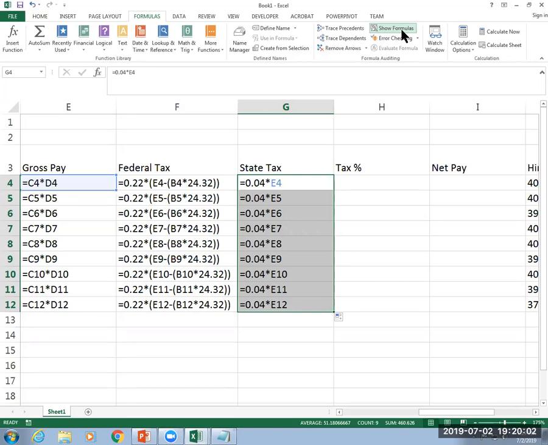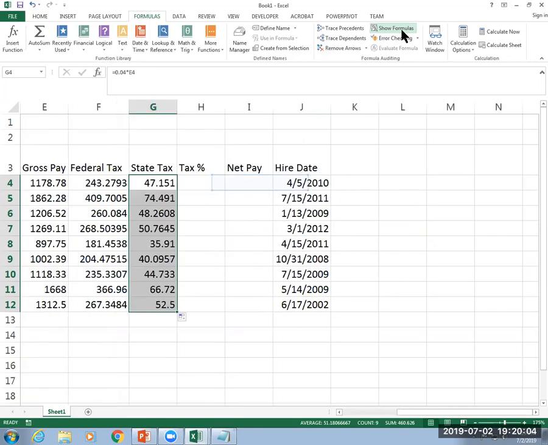Or again, Control accent brings it up. I do Control accent because I prefer to do keyboard shortcuts whenever possible.